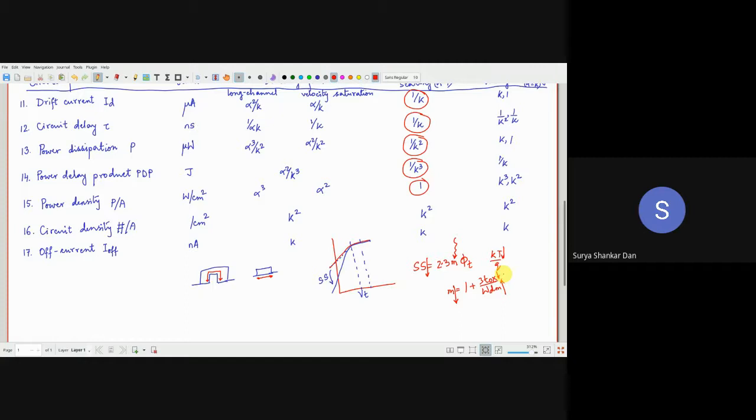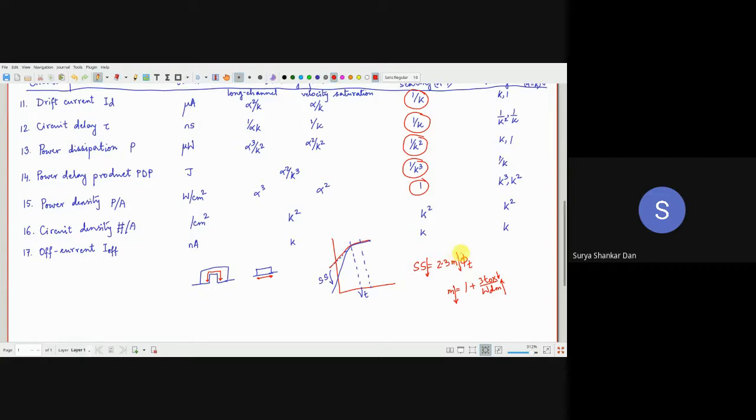So the only way small m को अगर कम करना है, as I told you, the only way you can reduce subthreshold slope is reduce small m, or you reduce phi t. Phi t can be reduced by changing the temperature, but temperature, as I said, is not always in your control. That is the end user part. आप circuit design कर रहे हो, device design कर रहे हो, you have no control over how your chip will be used by your customers. So this is beyond your control mostly.